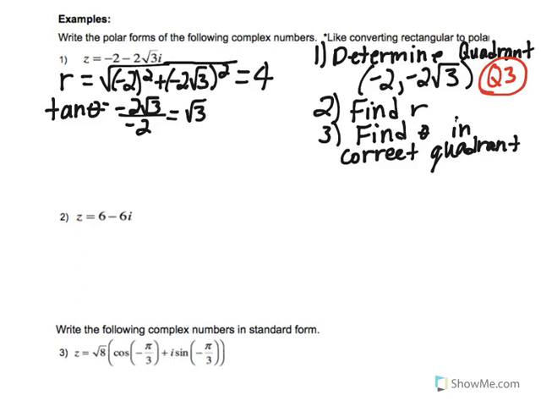Our reference angle for this is going to be pi over 3. But we're looking to get the value in quadrant 3. So in quadrant 3, theta is going to be 4 pi over 3.